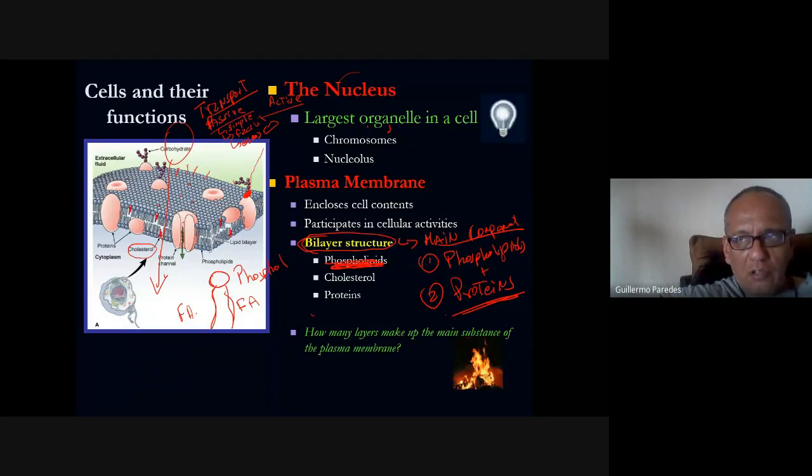These proteins open the door and they pass. So this is facilitated diffusion. That is review; we already talked about that.